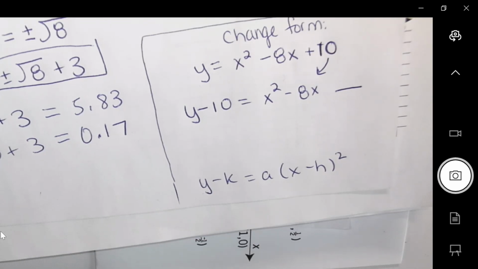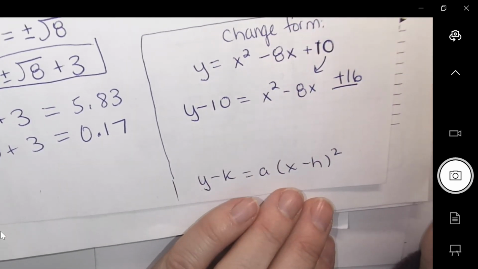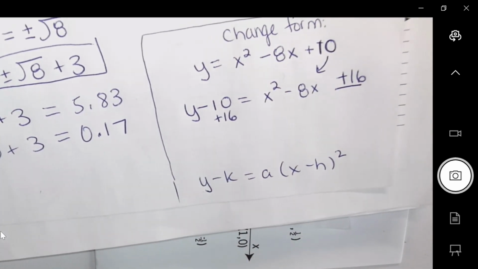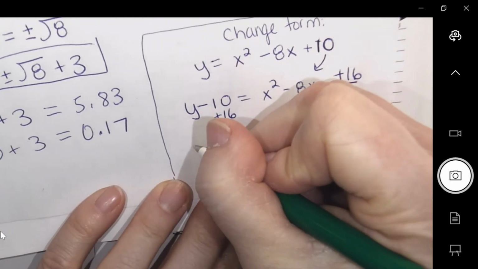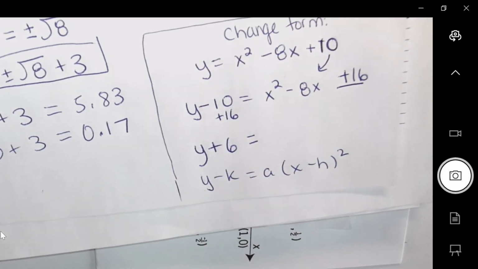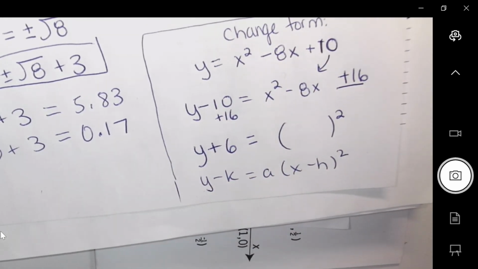Plus 16. Everyone found how to do that? Divide by 2, square. Plus 16, which means my teeter-totter, I have to add 16. Then this becomes y plus 6 and this becomes a perfect square.